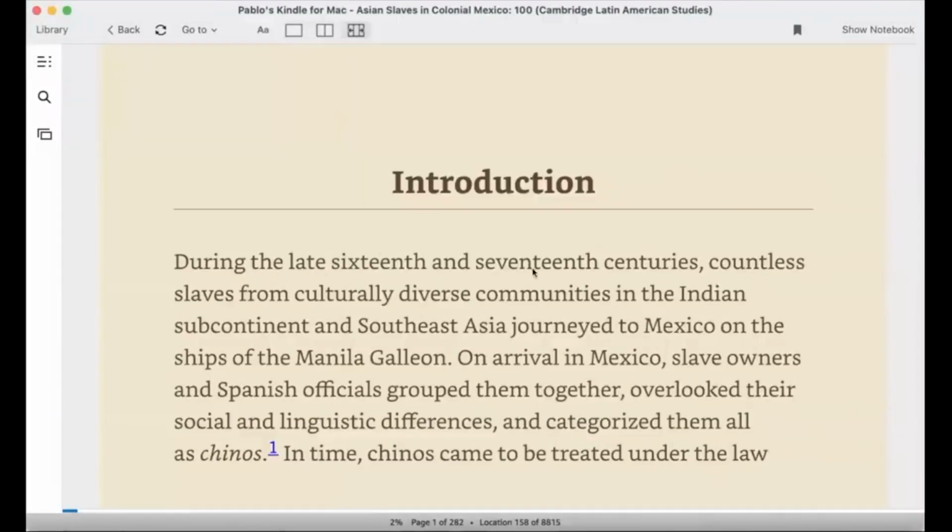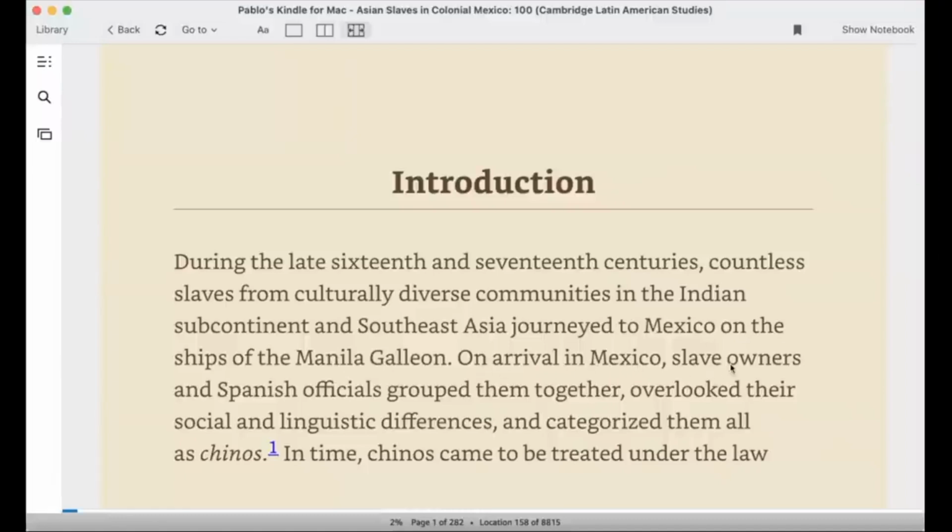During the late 16th and 17th centuries, countless slaves from culturally diverse communities in the Indian subcontinent. Again, from what? From culturally diverse, very diverse. They didn't all look the same. Diverse communities in the Indian subcontinent and Southeast Asia journeyed to Mexico on the ships of the Manila galleon.